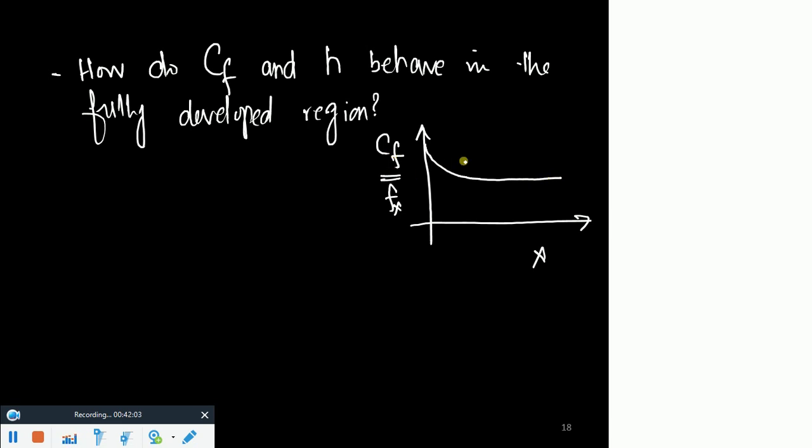It should decrease within the hydrodynamical entrance region. Why? Because the boundary layer is expanding, right? And then it remains constant in the fully developed region.